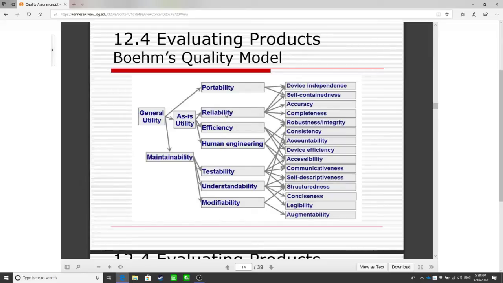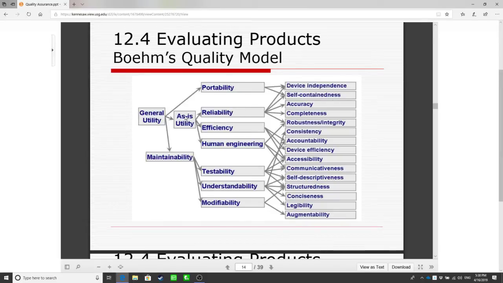With this model, how do we measure portability? We have an even more detailed layer here: device independence and self-containedness.